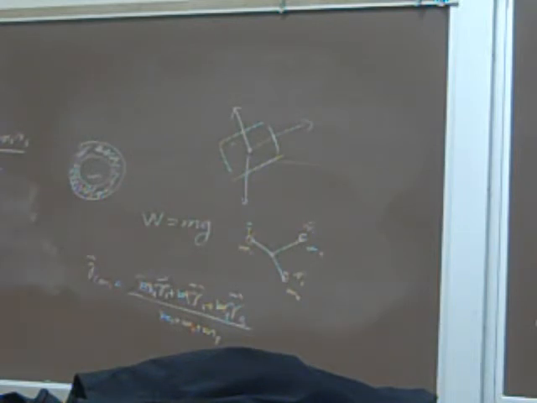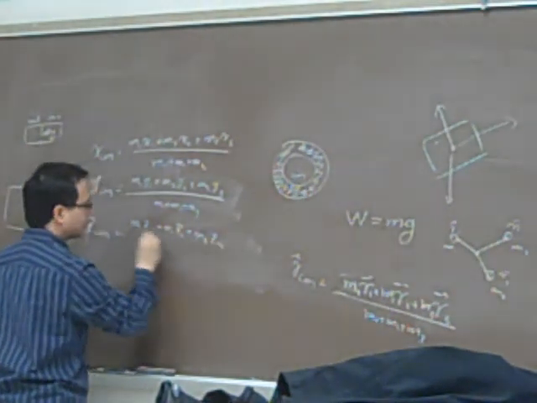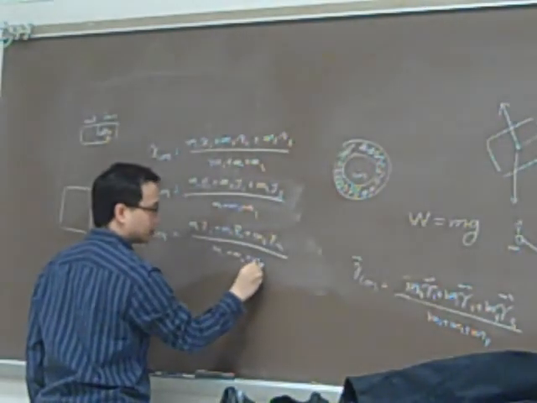The y position of the center of mass is M1 y1 plus M2 y2 plus M3 y3 divided by M1 plus M2 plus M3. Similarly, the z position of the center of mass is M1 z1 plus M2 z2 plus M3 z3 divided by M1 plus M2 plus M3.